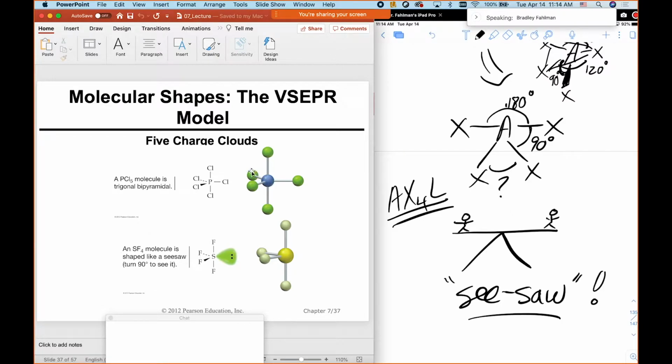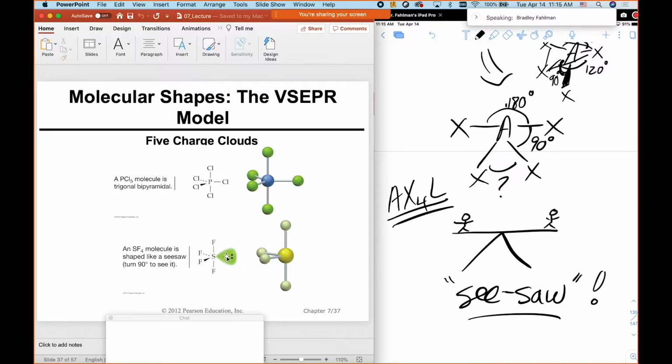So it used to be 120, right? So this angle in just the AX5, this one here is going to be 120. So what do you think it is in this shape here? Still 120? Less than 120, that's for sure. Yep. So exactly, it's going to be less than 120 because you got this big lone pair that's going to repel these bonds.